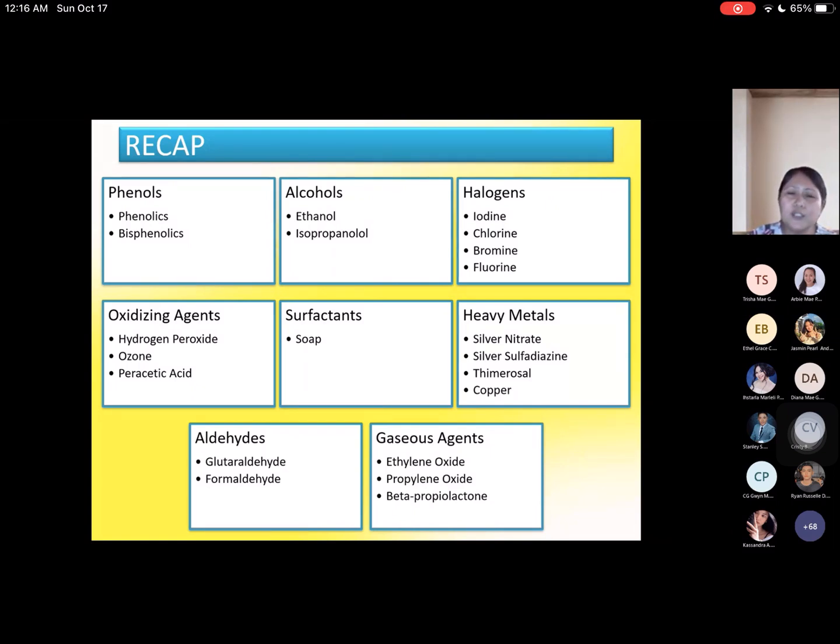For surfactants, we have soap. Heavy metals: silver nitrate, silver sulfadiazine, thimerosal, and copper. For the aldehydes, we have glutaraldehyde and formaldehyde or formalin. And for the gaseous agents, we have, of course, ethylene oxide, propylene oxide, and beta-propiolactone. So this is the summary or recap of the chemical agents.